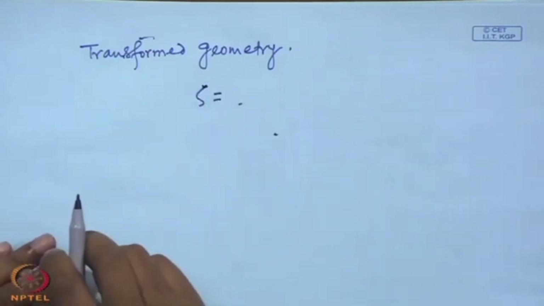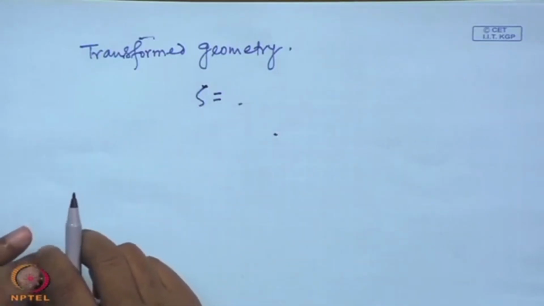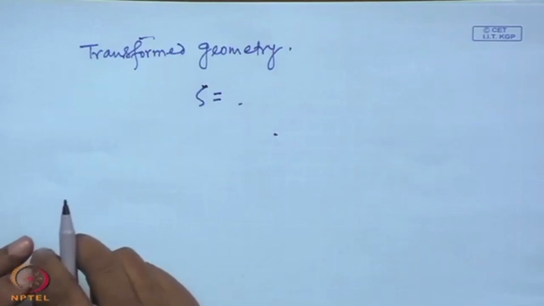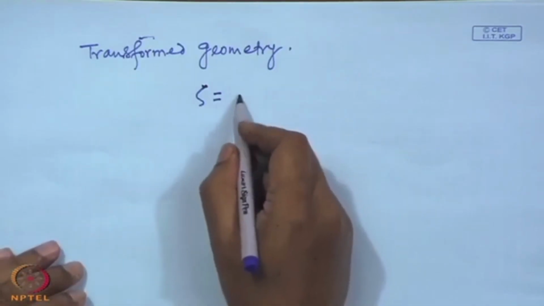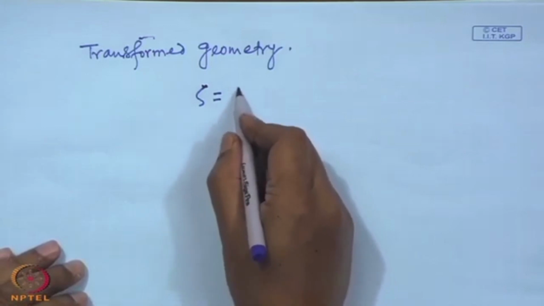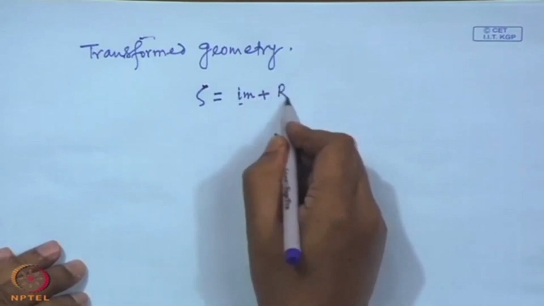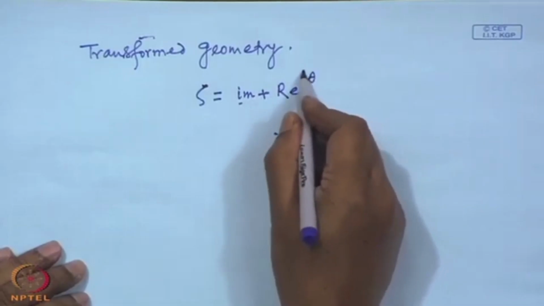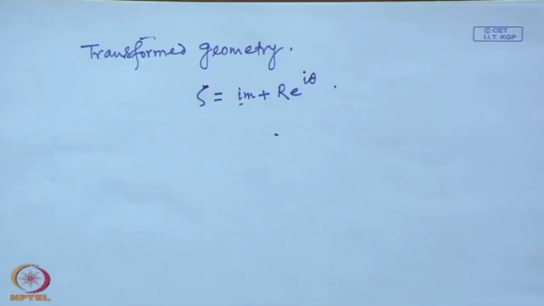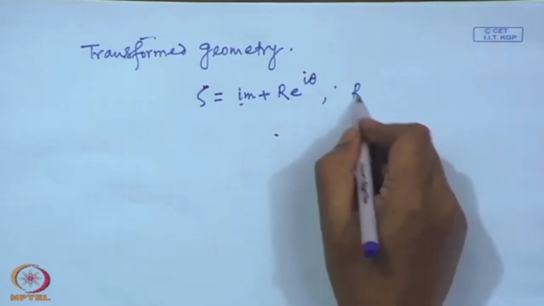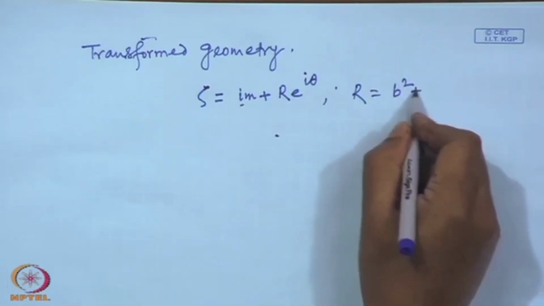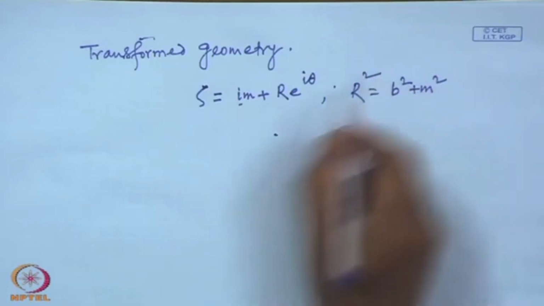Zeta equal to zeta naught plus r e to the power i theta. Okay. So, zeta naught is i m plus r e to the power i theta. Substitute this in the expression z equal to zeta plus b square by zeta. Of course, we have already seen, r square equal to b square plus m square.